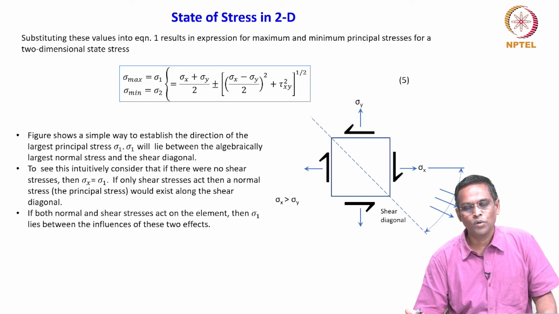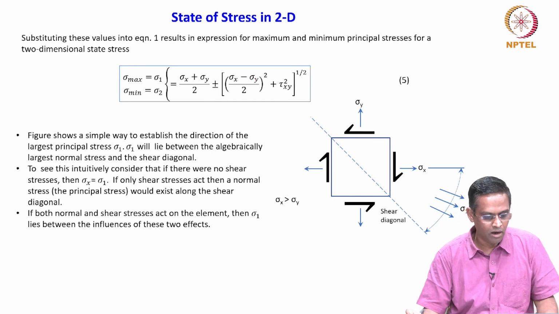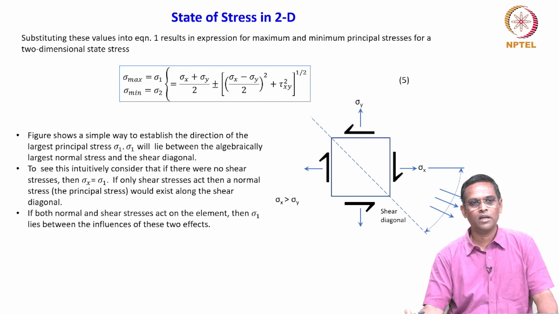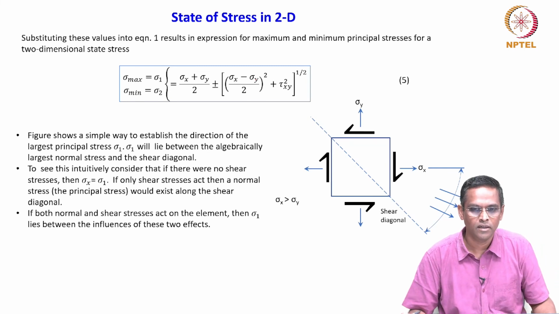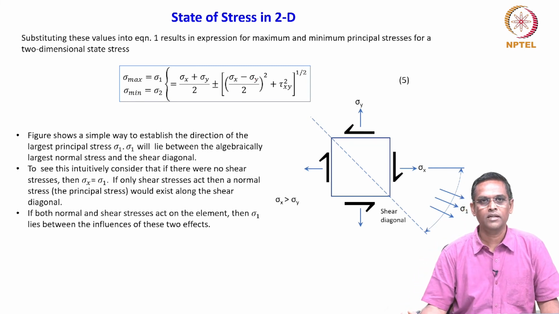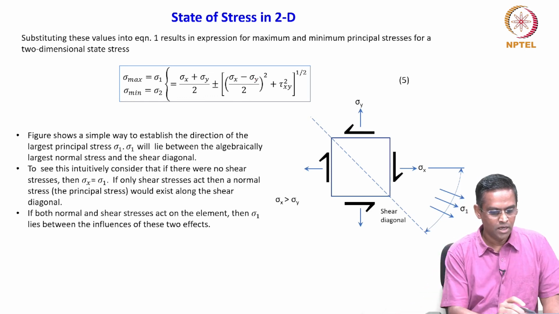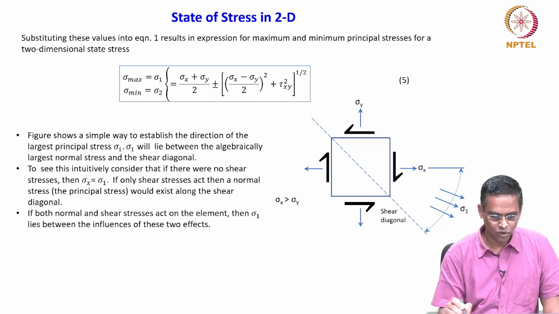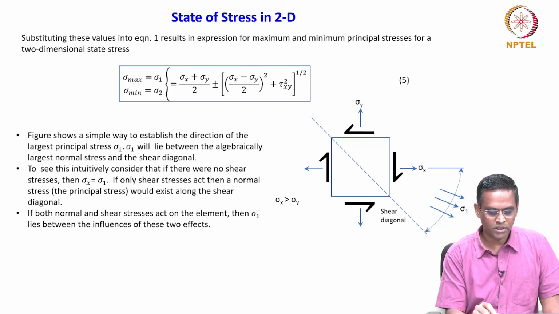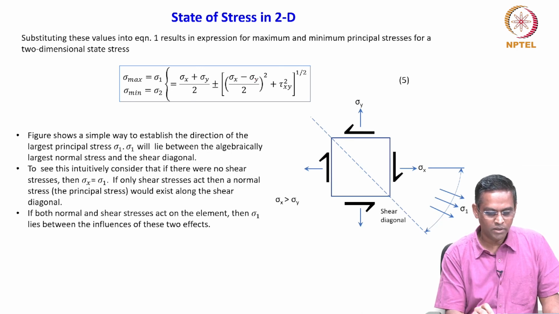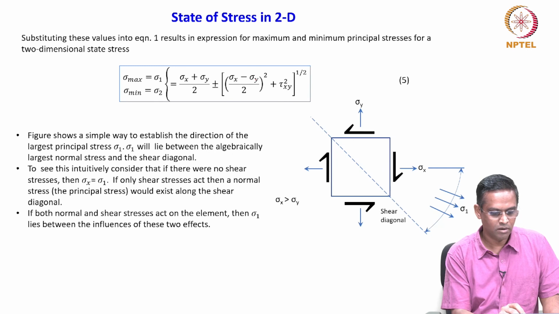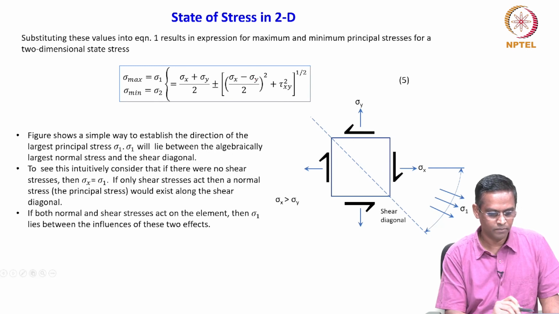Suppose you want to get an idea of how to establish sigma 1. How do we find sigma 1? This figure shows a simple way to establish the direction of the largest principal stress sigma 1, and sigma 1 will lie between the algebraically largest normal stress and the shear diagonal.